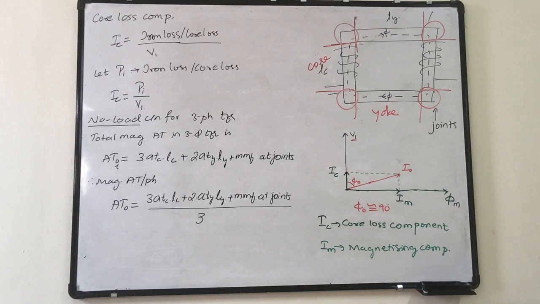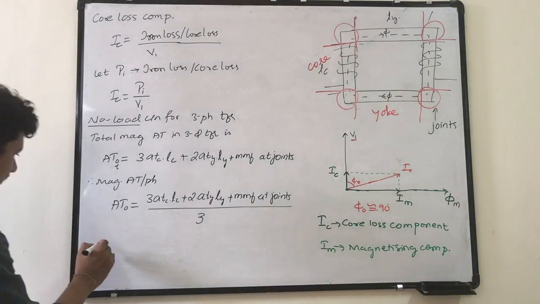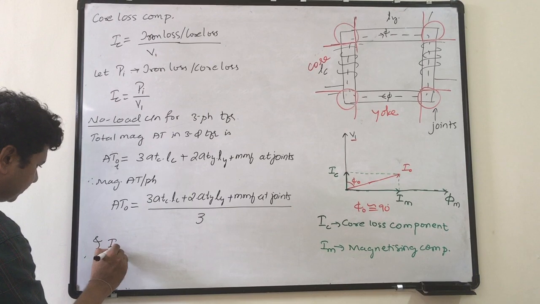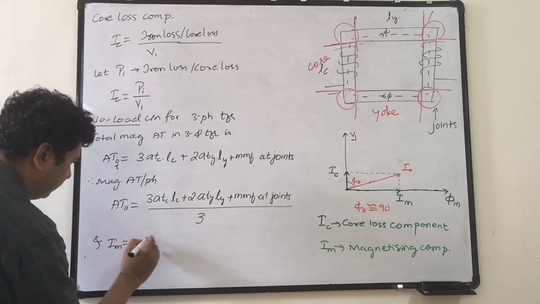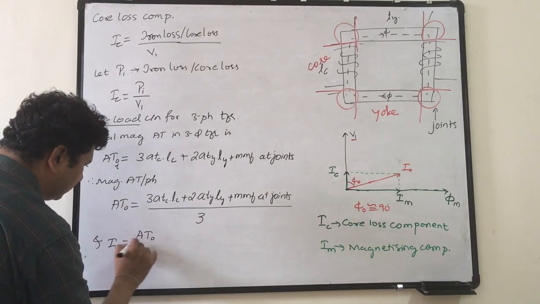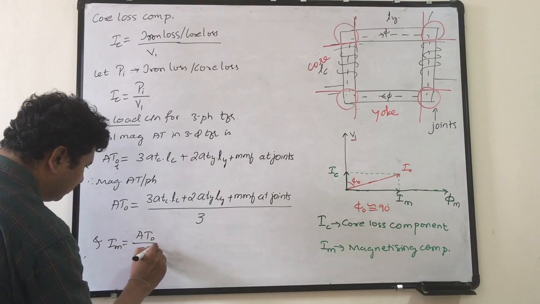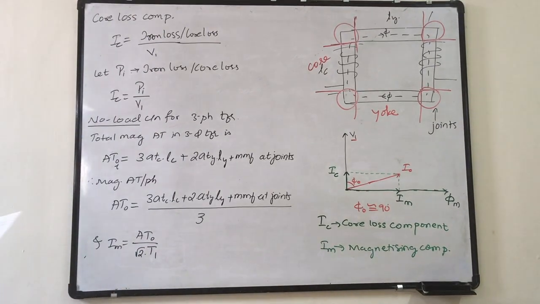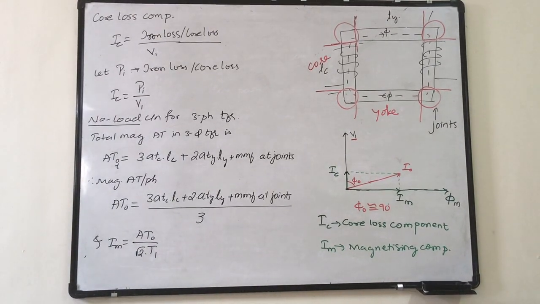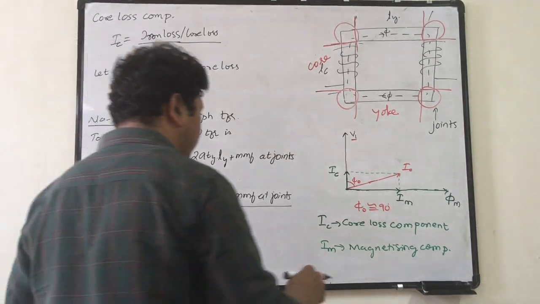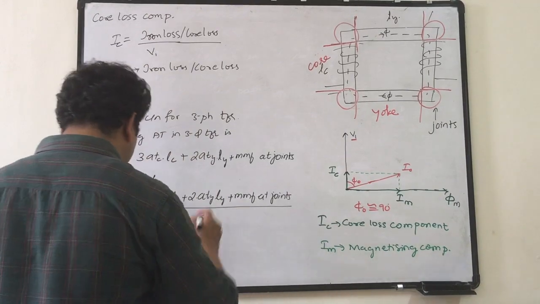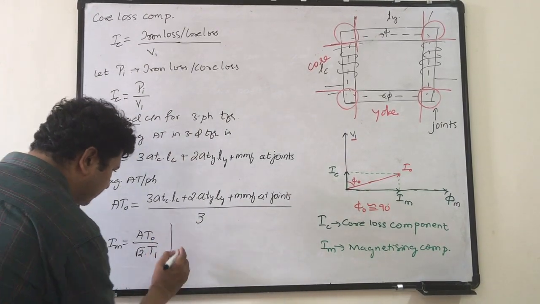And Im, obviously the RMS value, will be AT naught divided by root 2 into T1. Okay, and the core loss component and MMF at joints I have to define.